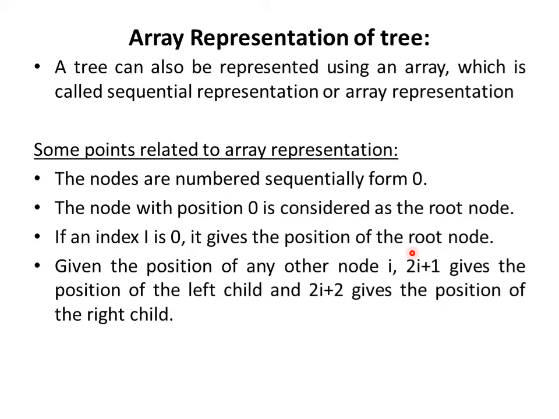What does it mean? It gives the position of the left child. I have told that we should always begin from 0, and its value is 1. Therefore, it is the left child. And if I put i equals 0, 2 into 0 is 0, plus 2, it gives the position of the right child.